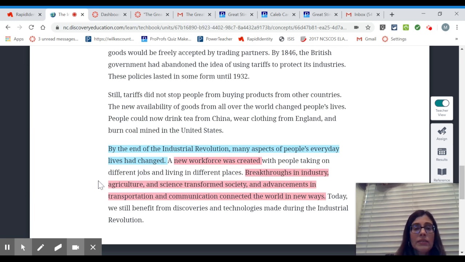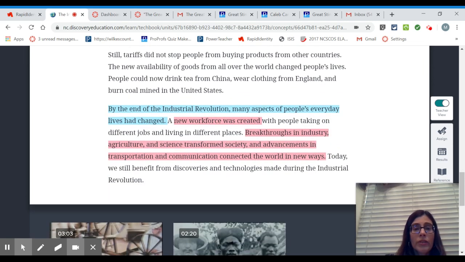Bottom line is, by the end of the Industrial Revolution, this is what had happened. A new workforce was created. There were many industry breakthroughs in agriculture, of course, and in our factories. Science had transformed society. We were living longer. We could communicate better because we could transport materials and ourselves all around the world.